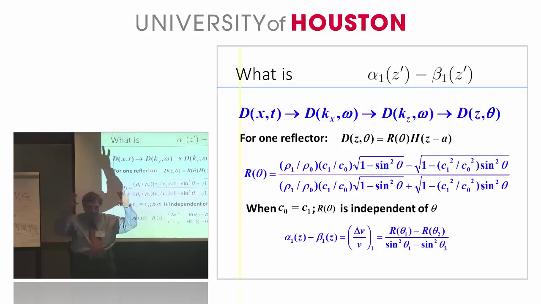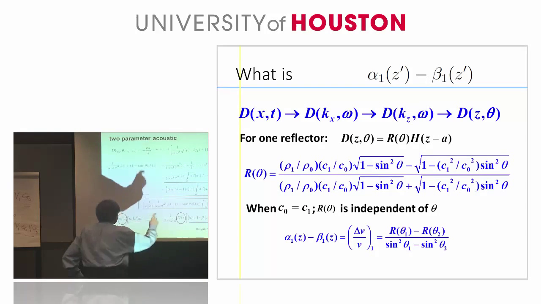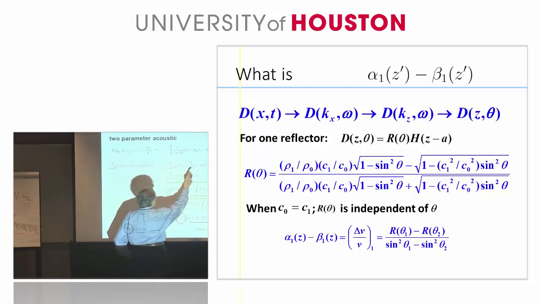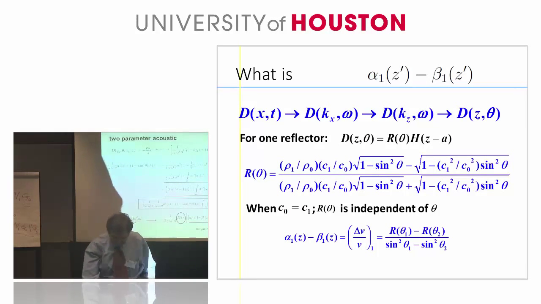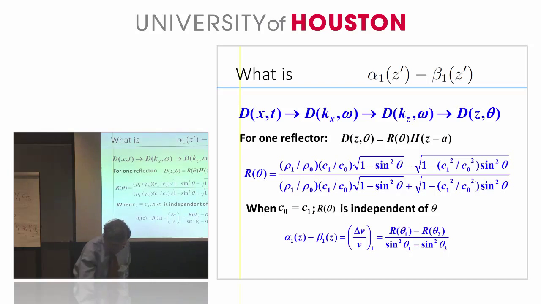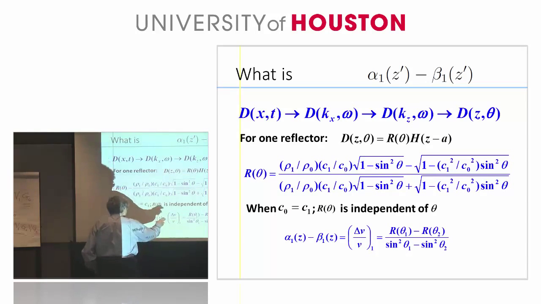That just comes from looking at that first equation. It comes from this equation where I put in theta 1 and then theta 2, solve two equations in two unknowns, and then subtract alpha 1 minus beta 1, and you get this form, data of 1.